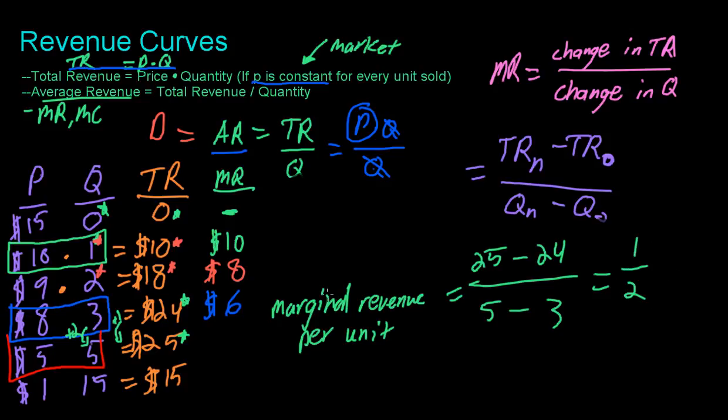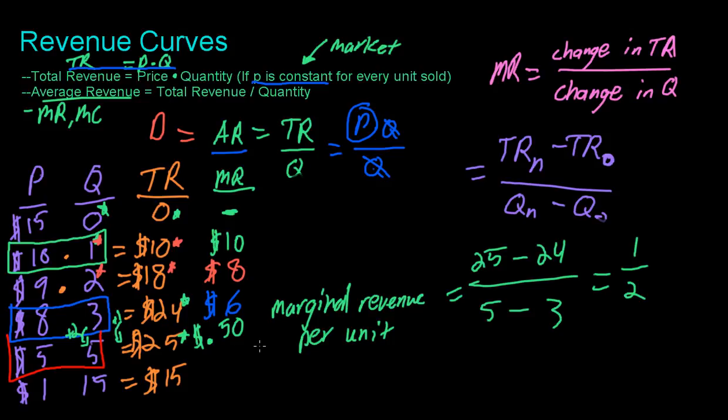So from 3 burgers to 5 burgers, we are making on average $0.50 extra per burger, because we're making $0.50 on that 4th burger and $0.50 on that 5th burger. So our marginal revenue per unit here, or our marginal revenue, as even I tend to call it, is 50 cents, or half a dollar.